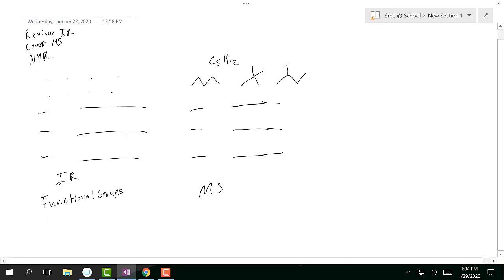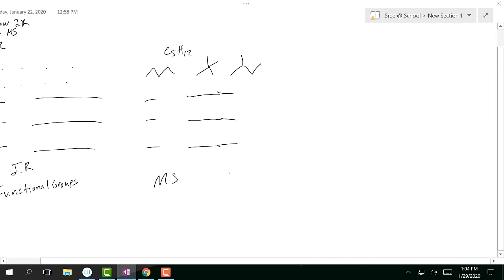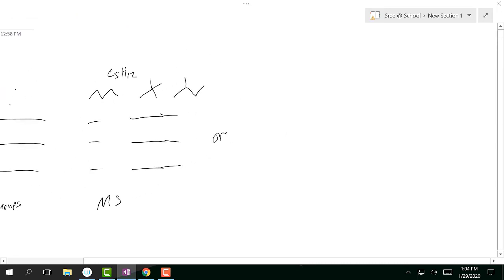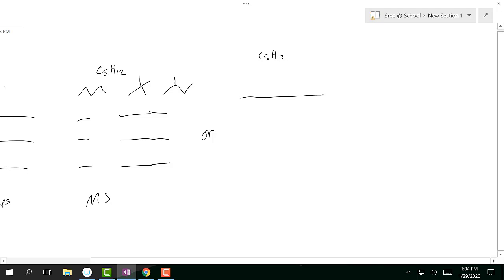So they can ask it like this, or they can just give you the graph, they'll give you the formula. So let's say C5H12, and they'll tell you, okay, I want the m/z or M plus value of a certain number.